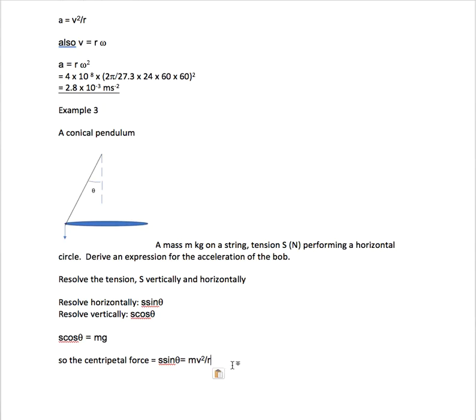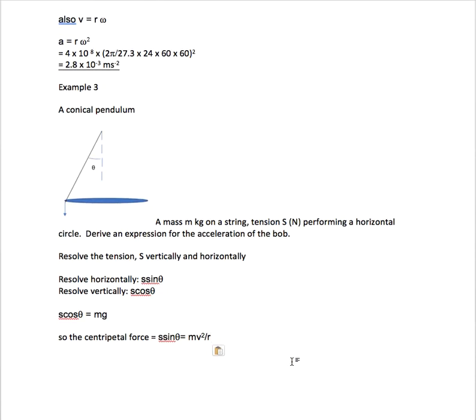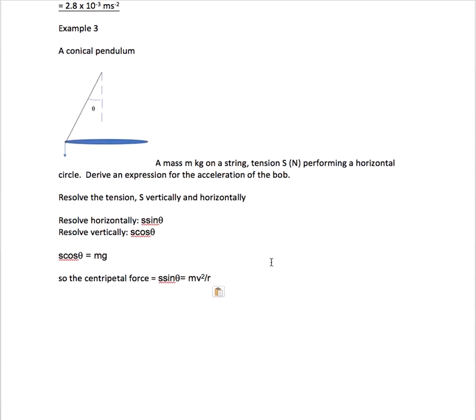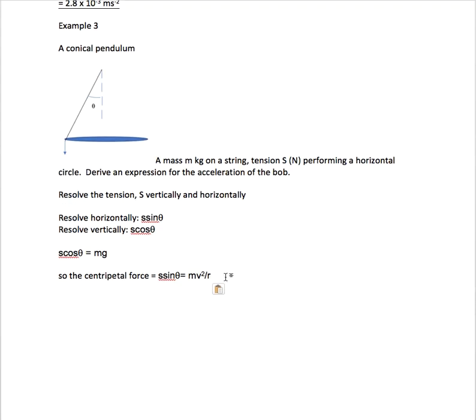So our acceleration then would be S sine theta over m.